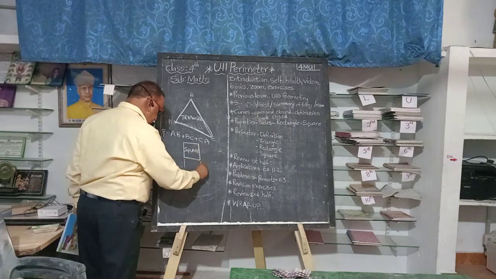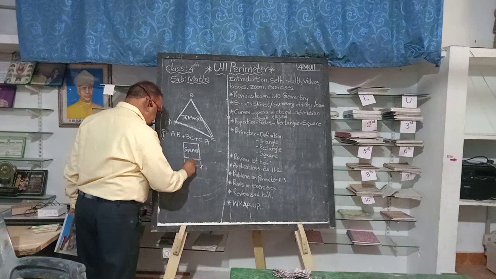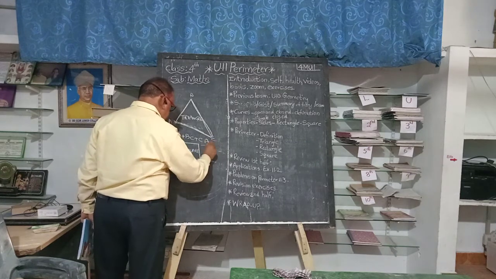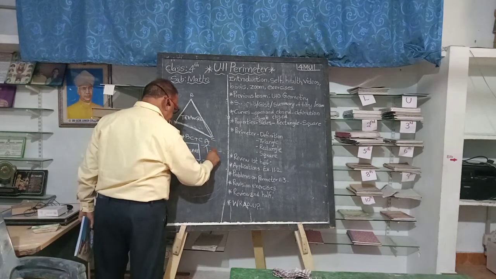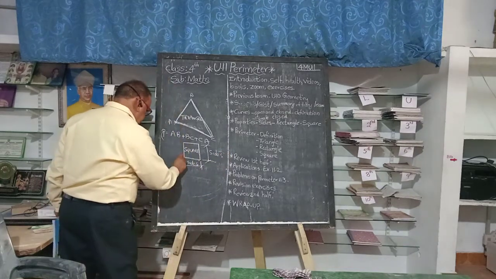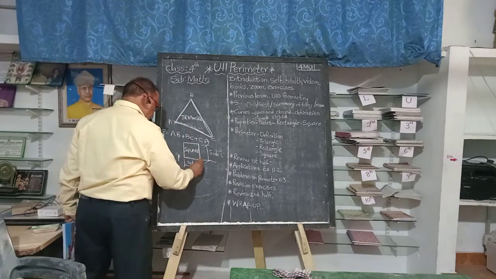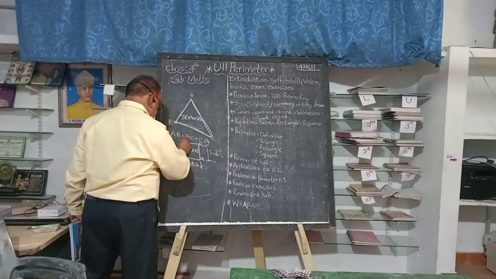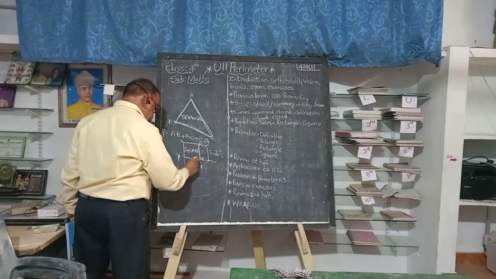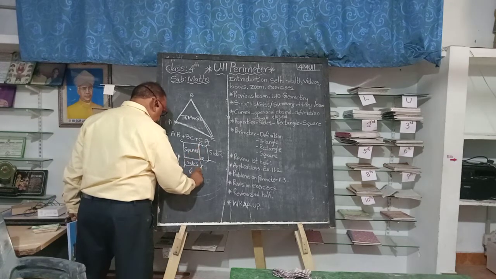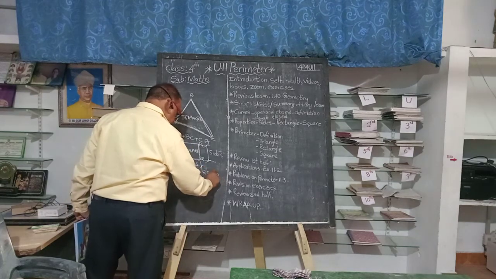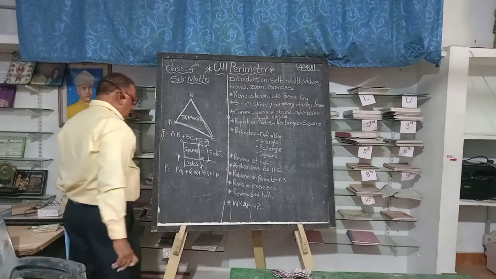Let's say the vertices are P, Q, R, S. So perimeter is equal to the sides PQ, QR, RS, and SP, added together.